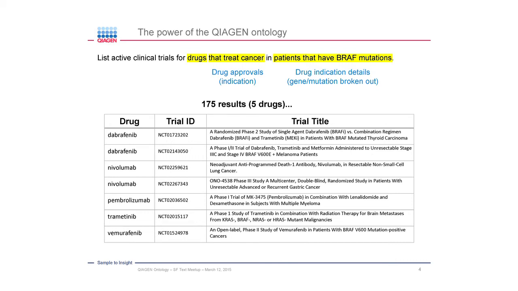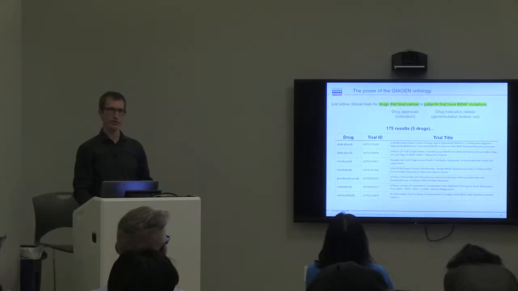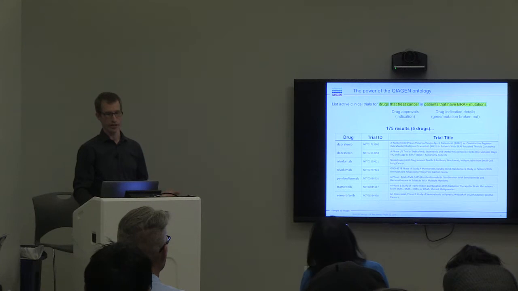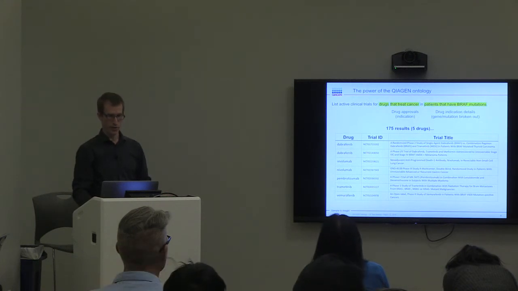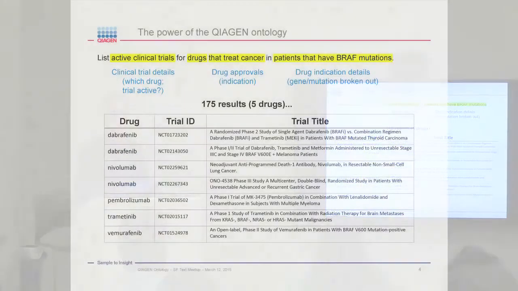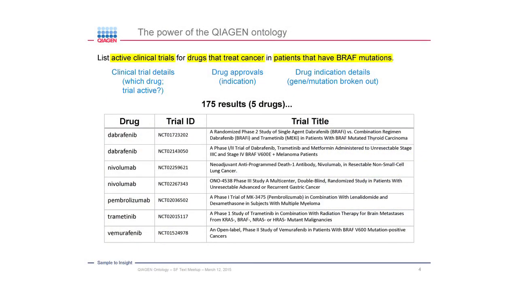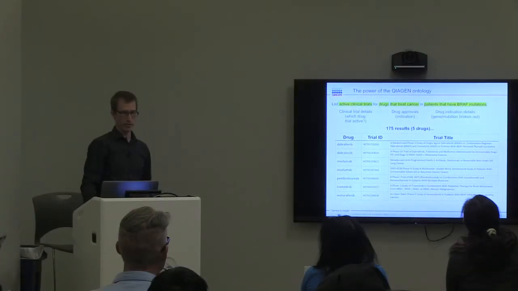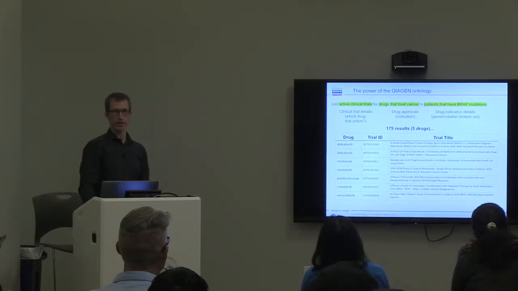We need to know about drug indications in more detail, because we need to know drugs that are indicated for people with mutations in a particular gene. So we need specific indications, and we also need a way of framing those indications in a way that separates the genes so it's queryable for us. And then finally, we need to know which trials are out there and which ones are active. And these data come from disparate sources.